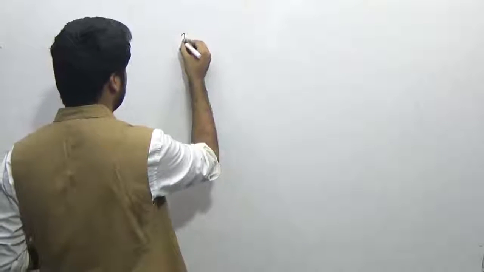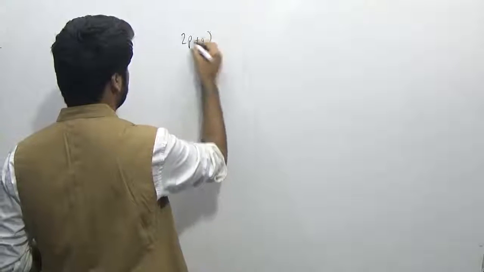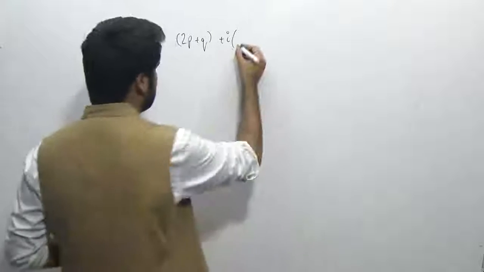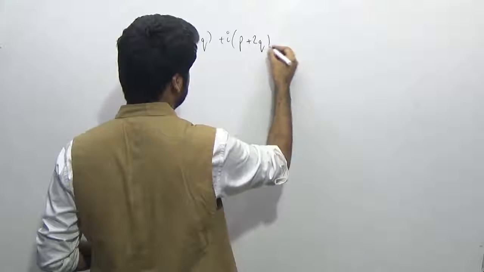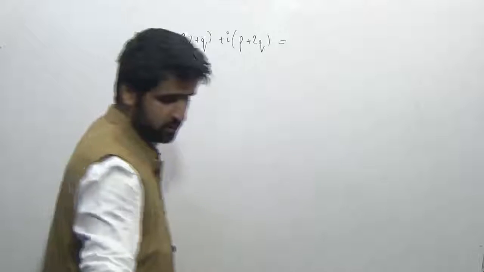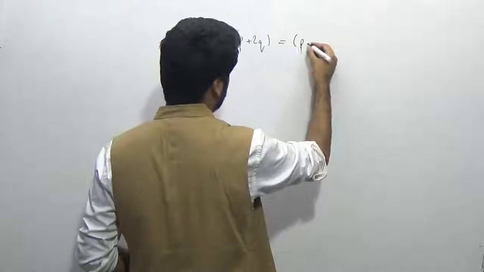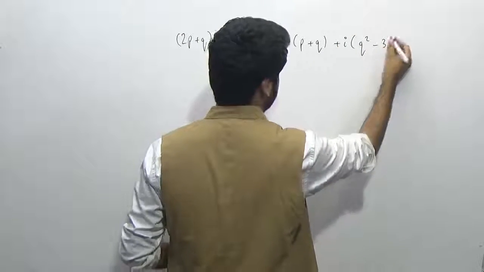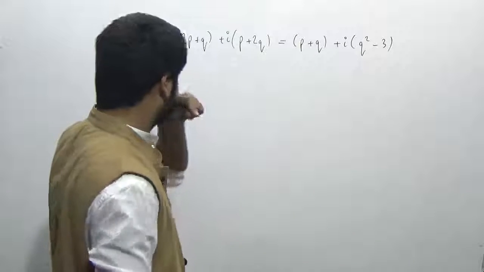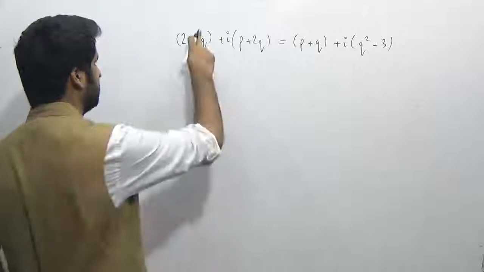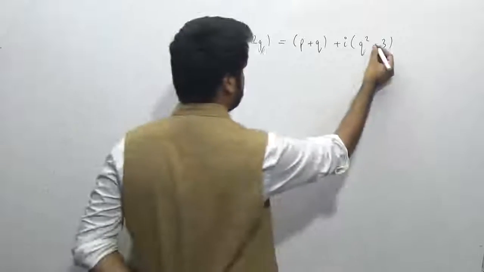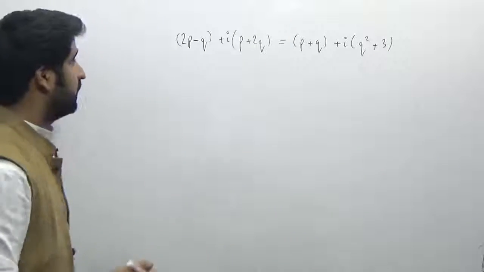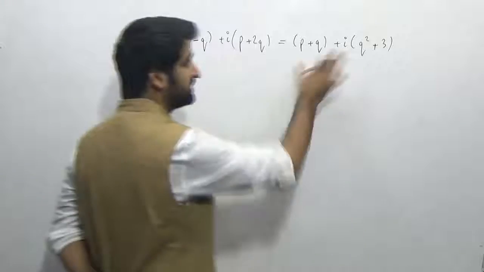Let's say I have these two complex numbers: 2p minus q plus iota times p plus 2q, and the other complex number is p plus q plus iota times q square plus 3. Let's make it plus so that the question becomes simpler. So I'm saying that these two complex numbers are equal.